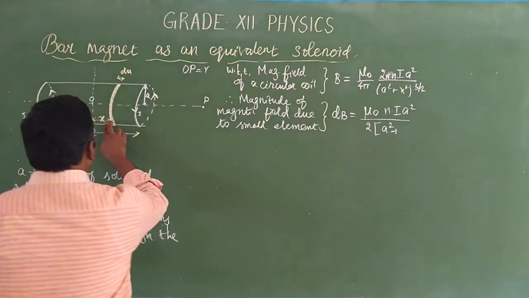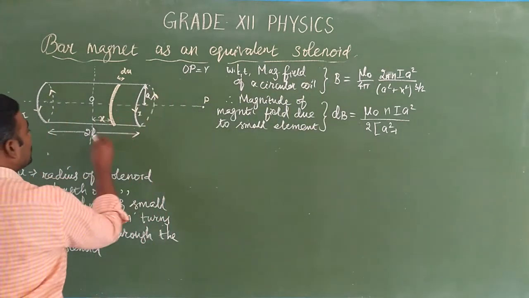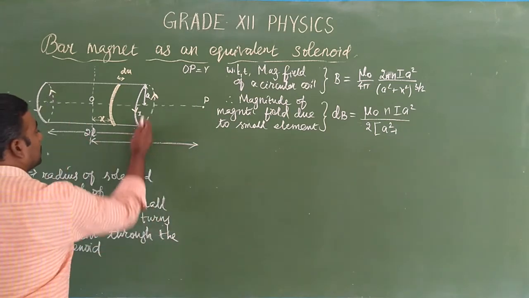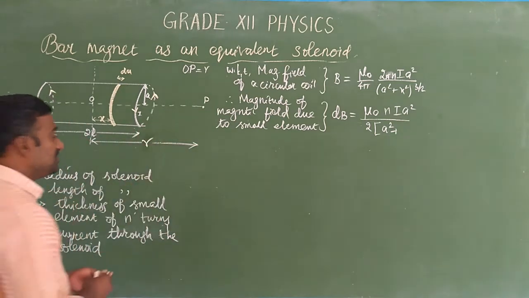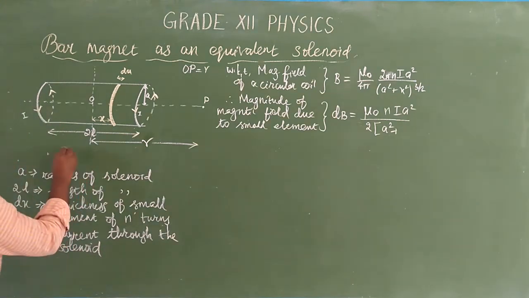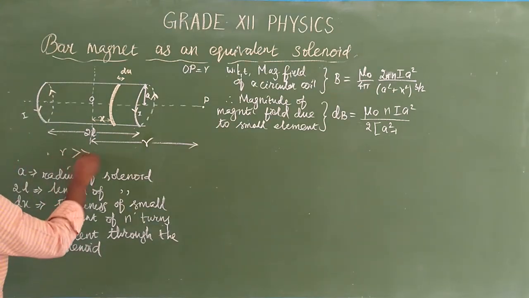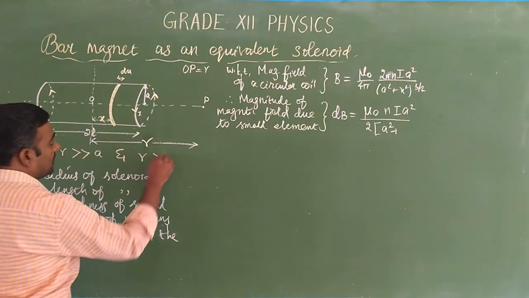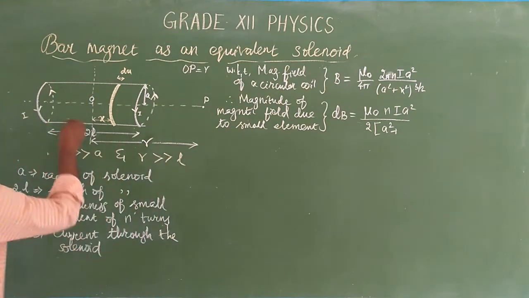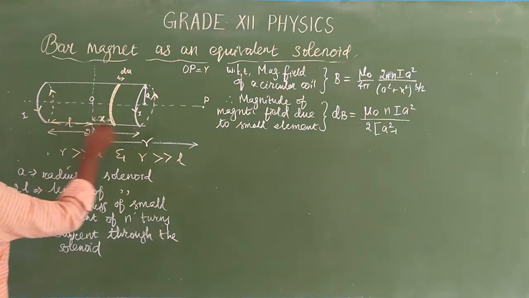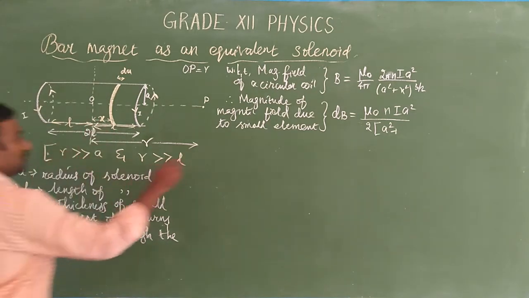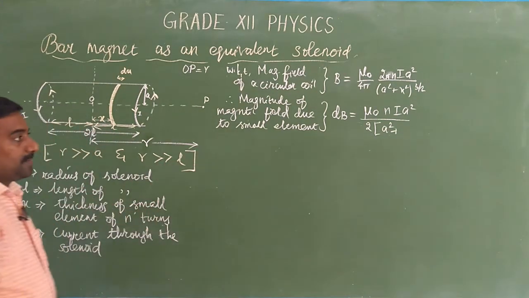I forgot to mention, OP is equal to R. And the condition is, listen to the conditions: this R is very much greater than the radius, and this distance is very much greater than the length. From either side, what is the length? Here it is L and this side also it is L. Okay, so these are the conditions we are going to use in this solenoid case.